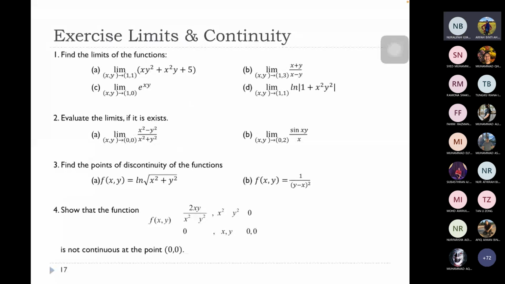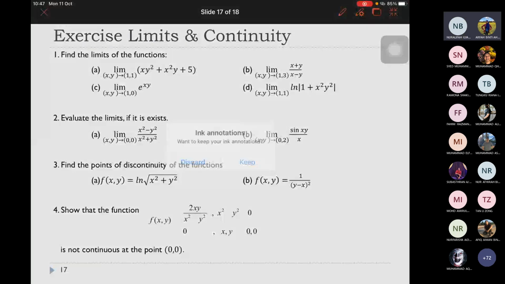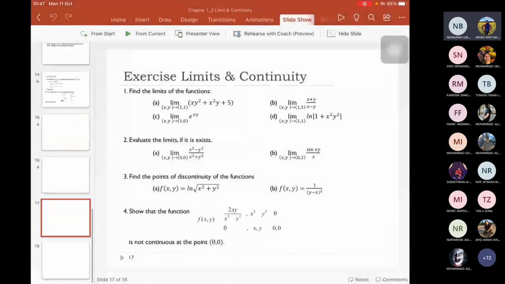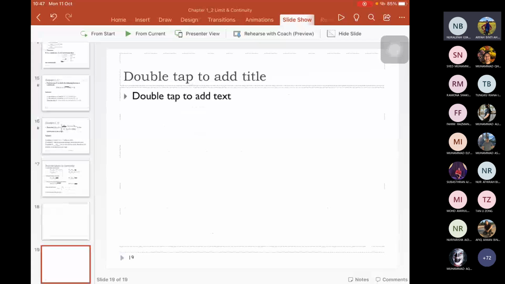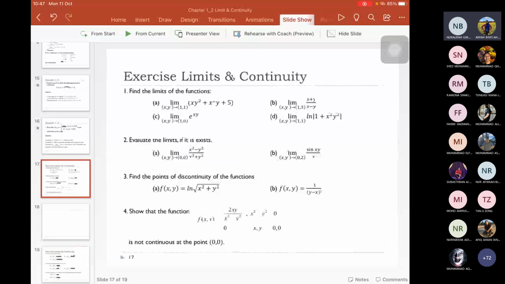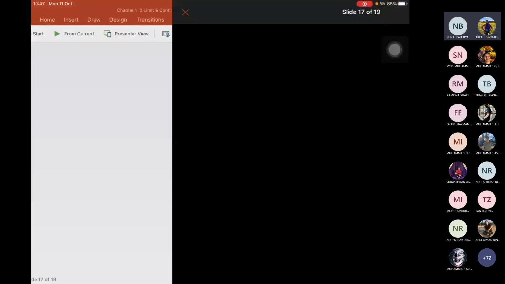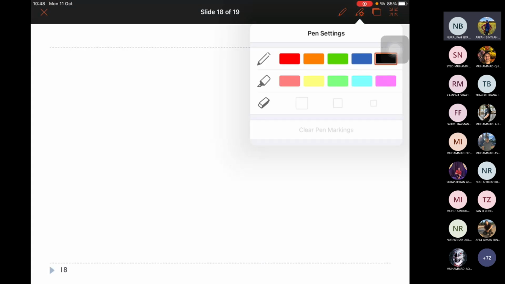So, cuba buat nombor 1. Start. New slide. So, soalan yang pertama, find the limit of the function. Okay, so cuba kita buat soalan yang pertama.